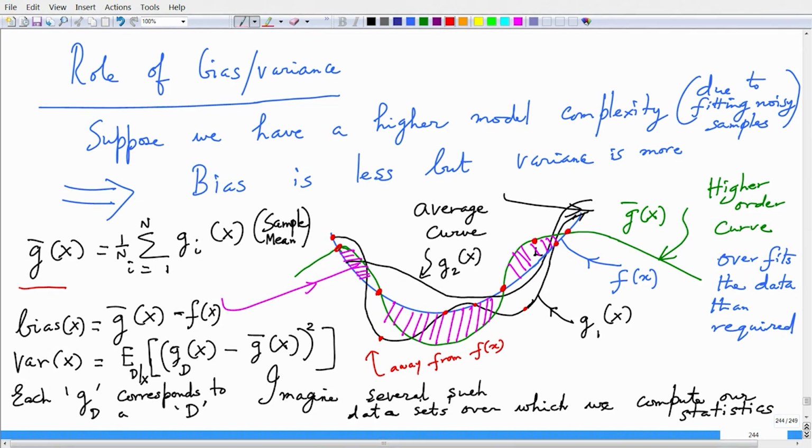And I can also define the variance of x to be this quantity, g suffix D of x minus g bar of x, squared. So g suffix D of x indicates that it is a curve with respect to this data set D, g bar is this average curve, and I take the square of this deviation and I average it over all the data sets D conditioned on x. So this depends upon the points x.